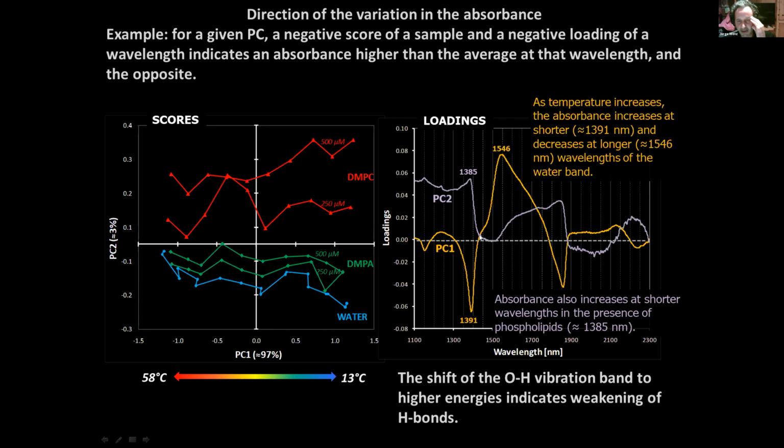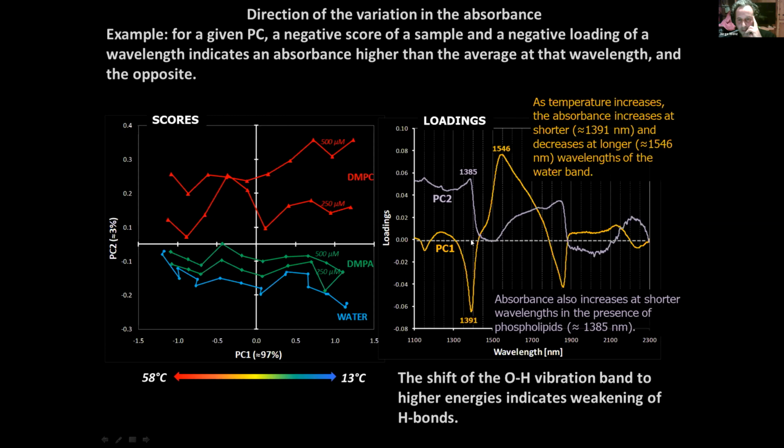If we go to the loading plot, we see that the positive loading corresponds to this wavelength, 1546. This is the wavelength where absorbance varies most, and it corresponds to the samples with higher absorbance, which correspond to the coldest temperature.